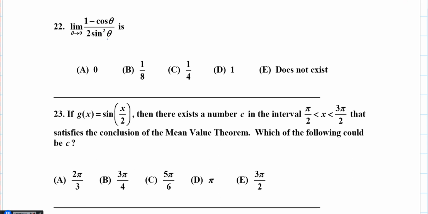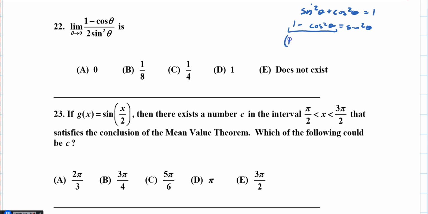So we know from trig that sine squared theta plus cosine squared theta is equal to 1. So that tells me that 1 minus cosine squared theta is equal to sine squared theta. And this, 1 minus cosine squared theta, is a difference of 2 squares.